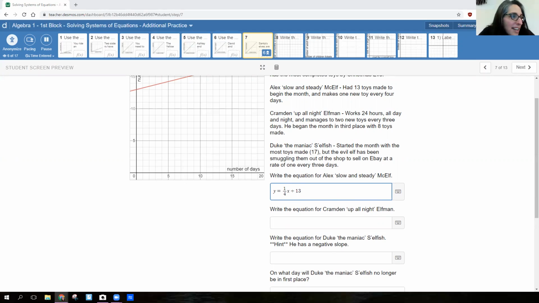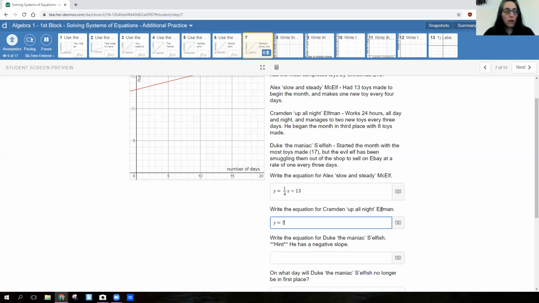Cramden, up all night elfman, works 24 hours all day and night and manages 2 new toys every 3 days. He began the month in 3rd place with 8 toys made. Okay, so we are going to do an equation for him. They give us a whole bunch of information about how he works really hard, but the important part is that he manages 2 new toys every 3 days.